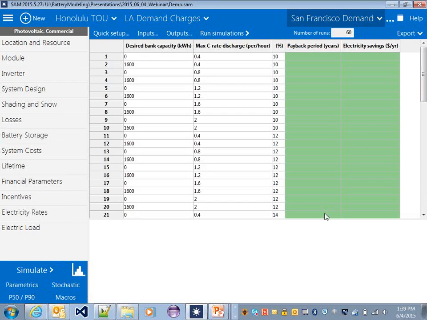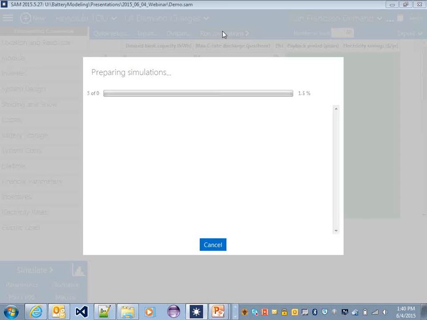There are still scenarios where you could still try to model it, but it's also interesting to look at parametric analysis. I was messing around trying to find a scenario where a battery system would actually make sense using the current dispatch scenario. So I guess this is going to take a while.